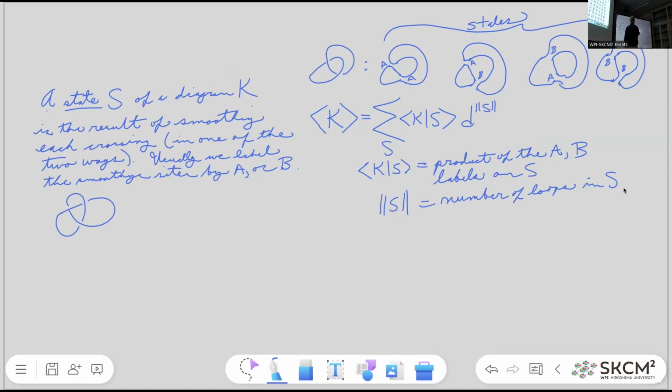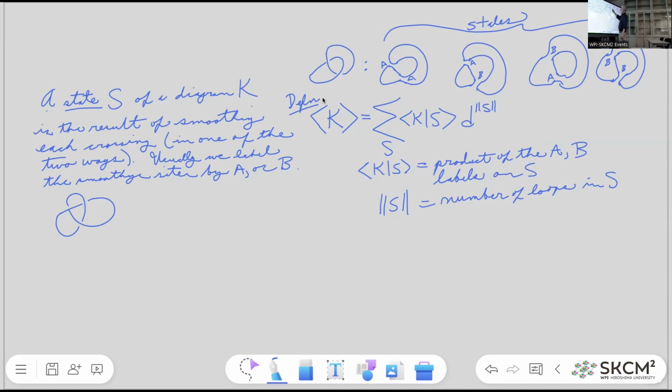And actually, this is the definition of the bracket. It's certainly a well defined polynomial in A, B and d corresponding to some diagram. You take the diagram, you enumerate the 2 to the n different states that it has.